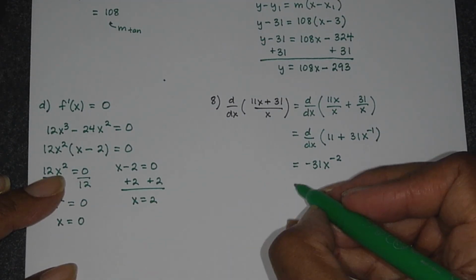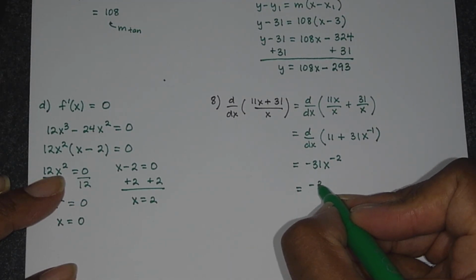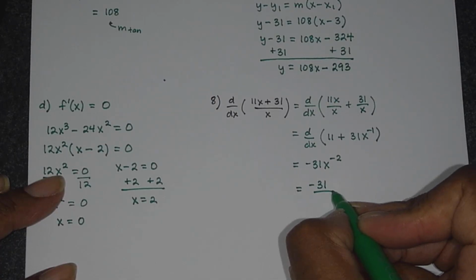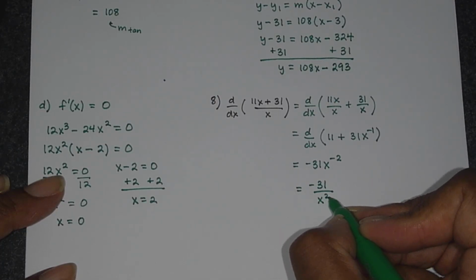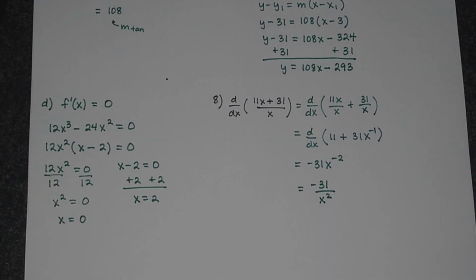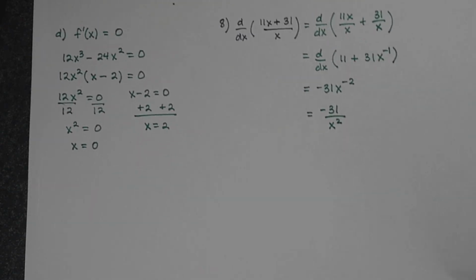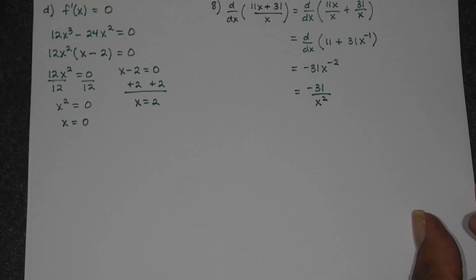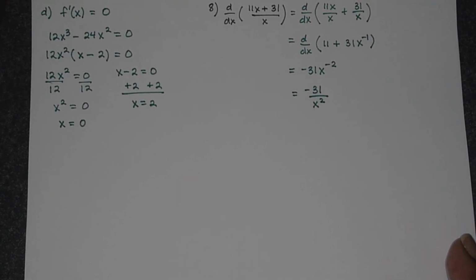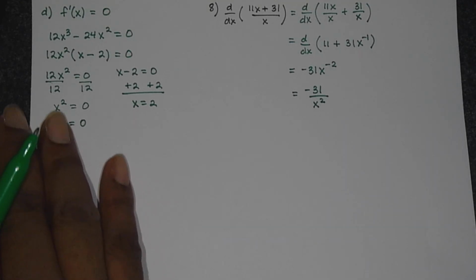Now you can leave it like this, or if you want to, you can write this using positive exponents as 31 over x squared. Because if we put the x squared to the -2 in the denominator, the exponent changes to a positive 2, so it'll be x squared in the denominator. Okay. Questions on problem number 8?